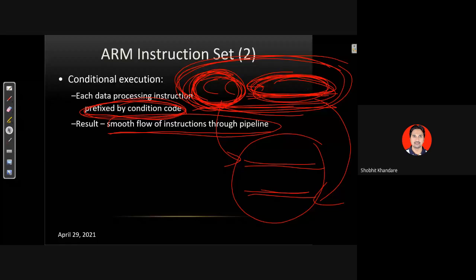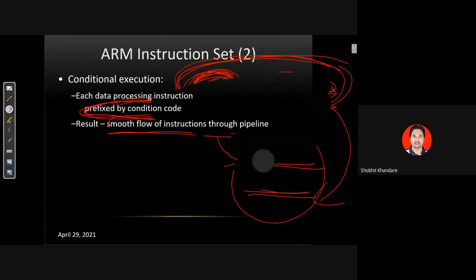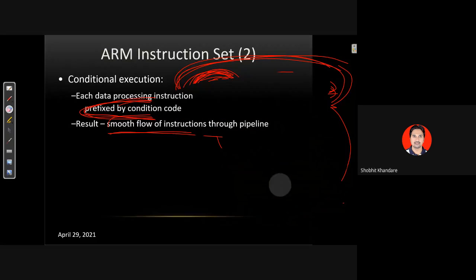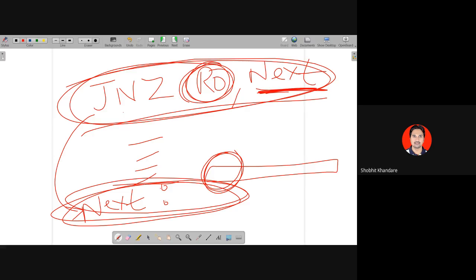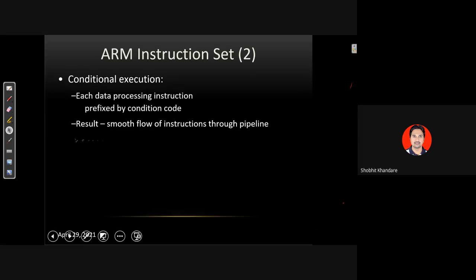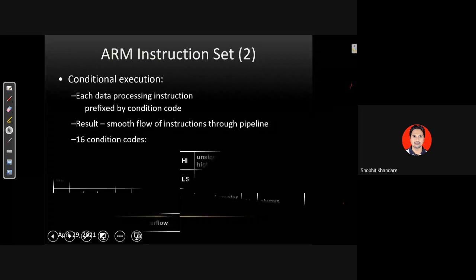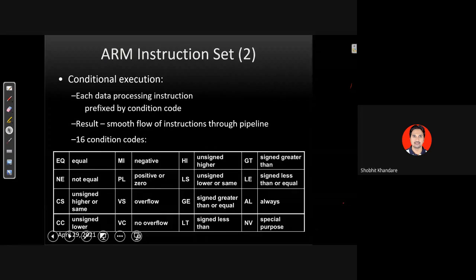Okay, so we will proceed further. So we will see what are these condition codes. So there are total 16 condition codes. Okay, which are they?